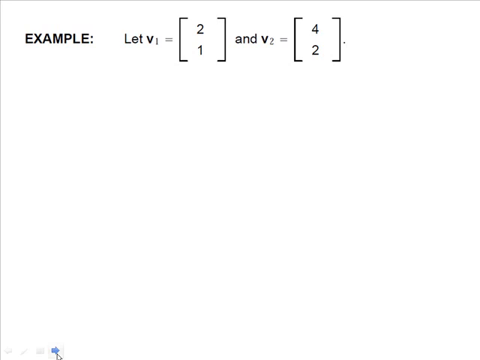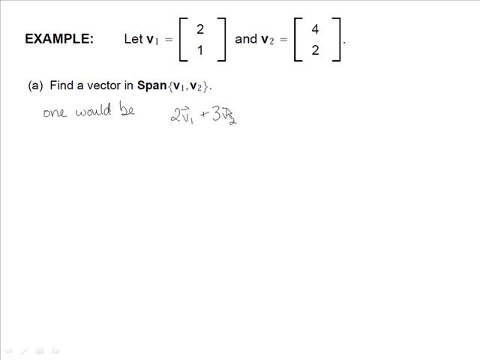In this example, we're going to let v1 be equal to the vector 2, 1, and v2 be equal to the vector 4, 2. The first thing we want to do is find a vector in the span of v1 and v2. Remember that the span is the set of all linear combinations of those two, so we can find any vector that's a linear combination of those. One example would be 2v1 plus 3v2.